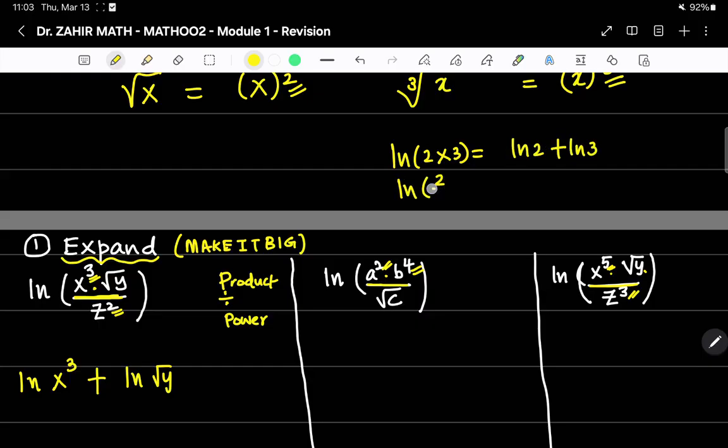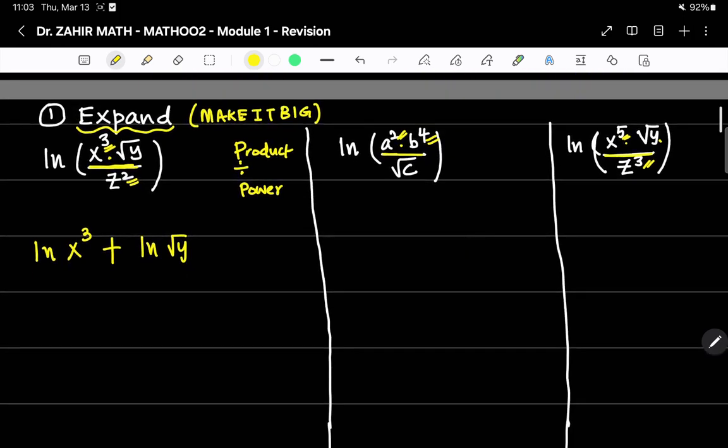And ln 2 divided by 3, you can write as ln 2 minus ln 3, right? And ln 2 power 3, you can write as 3 ln 2, right? So it's a product, I made it plus. After that, there is a divide coming. If there is a divide, what should I do? Minus. So this equals ln z power 2. Clear, all of you?